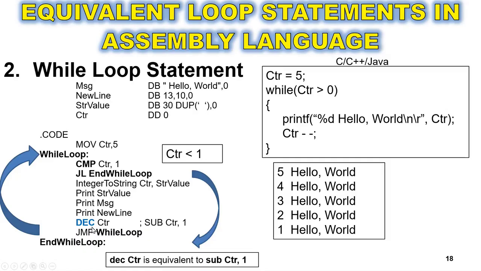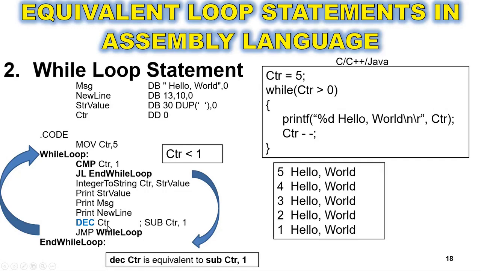And then again, it will deduct or subtract a 1 from the present value of CTR. 5 minus 1, it will now become 4, and then it will jump again to the label while loop. For example, the present value of CTR is now 1, and then we are about to call the command dec CTR. So CTR will now be 1 minus 1.